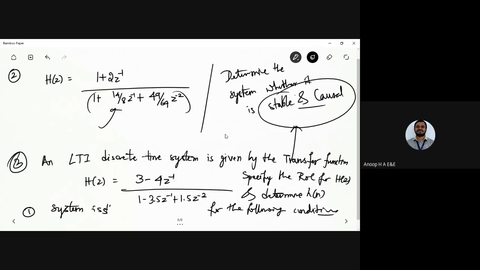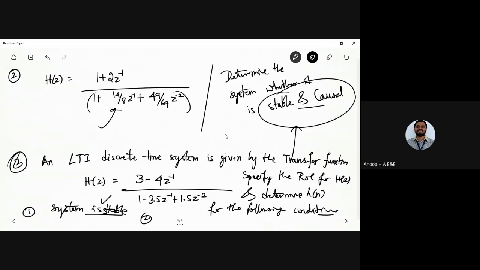Here we are saying the system is said to be stable, so you have to specify it properly. You have to read the statement of H of z as stable. Then only you can come to a conclusion that this system is stable. So how are we going to determine h of n? Determine h of n for the following conditions.